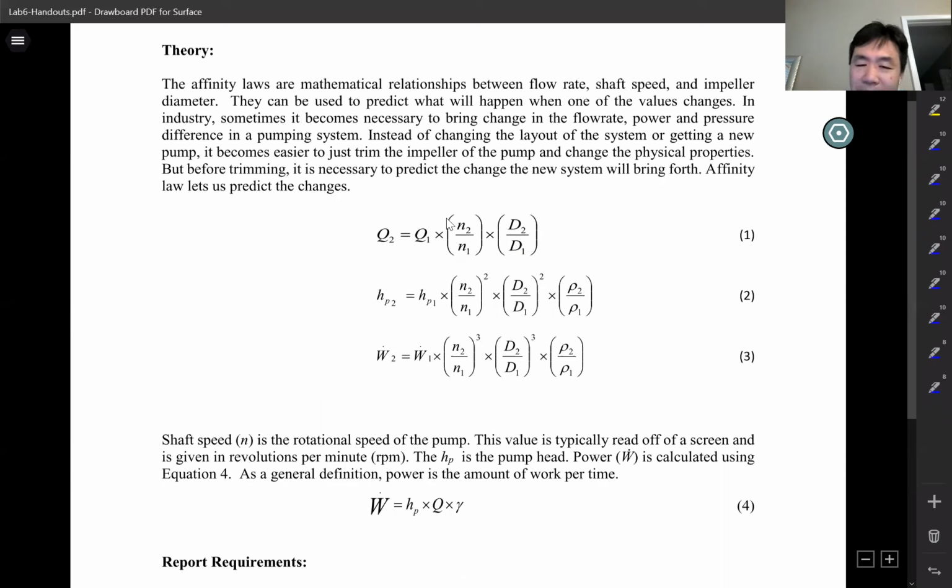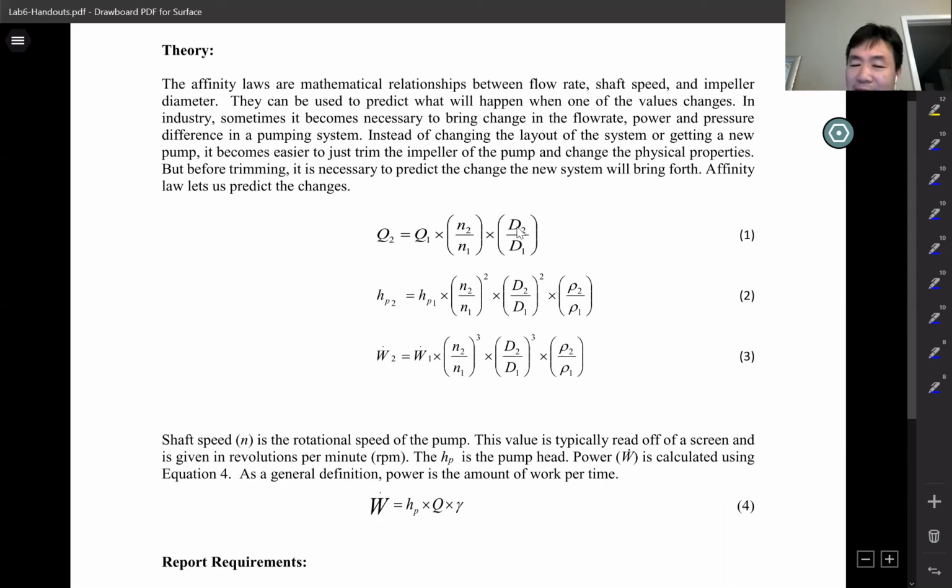If you know the original flow rate and you know the ratio, you can predict the new flow rate. The ratio equals N2 over N1, where N is RPM, times D2 over D1, where D is the diameter of the pump.